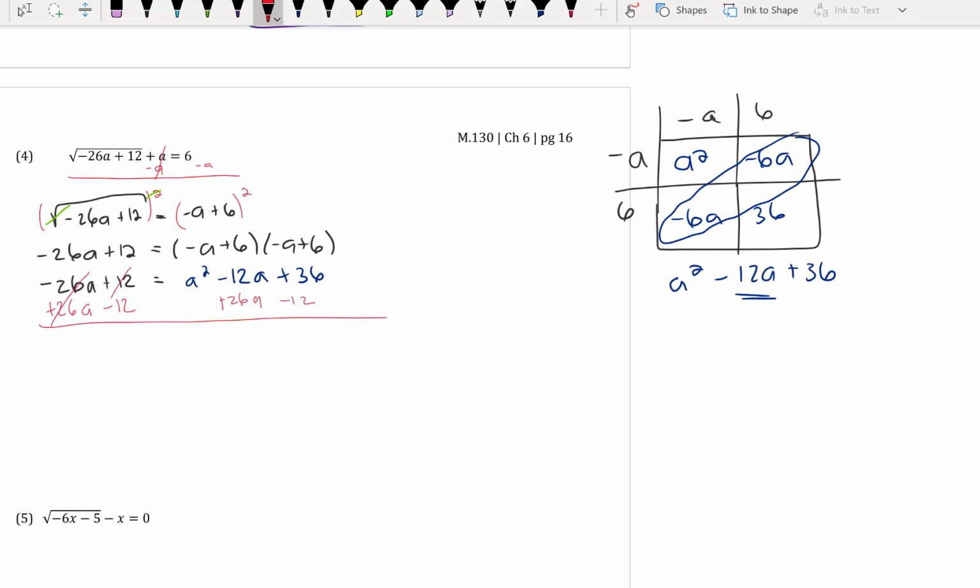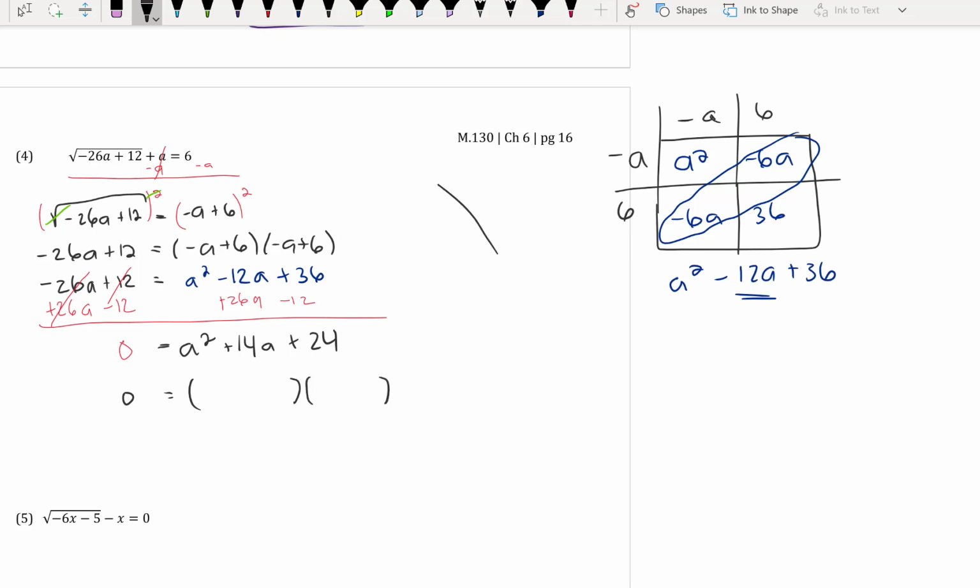That will give me 0 on one side. And I have negative 12 plus 26, which is a positive 14a, and 36 minus 12, which is a positive 24.